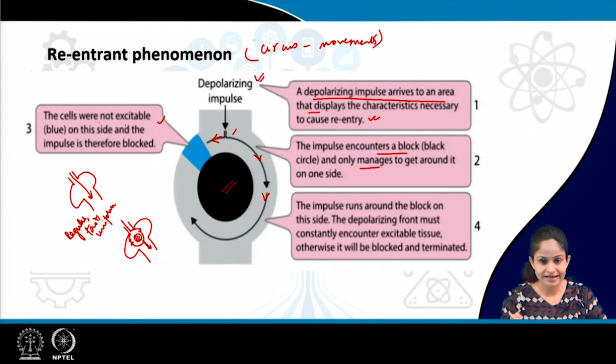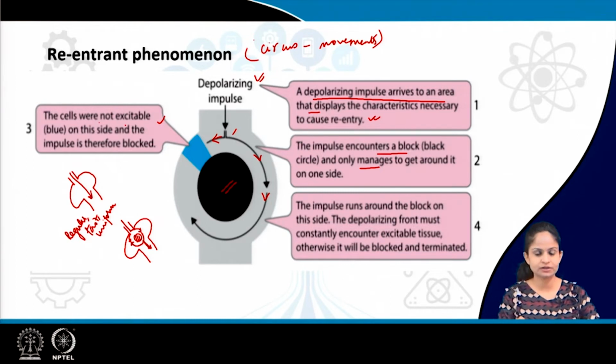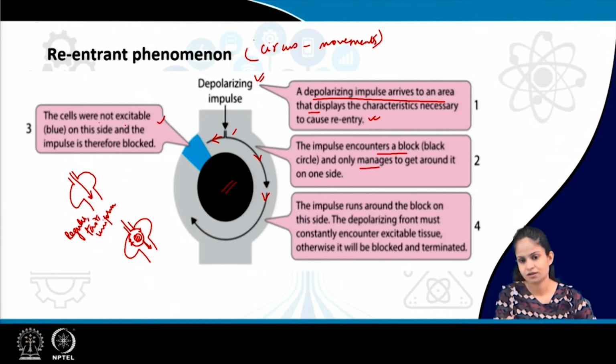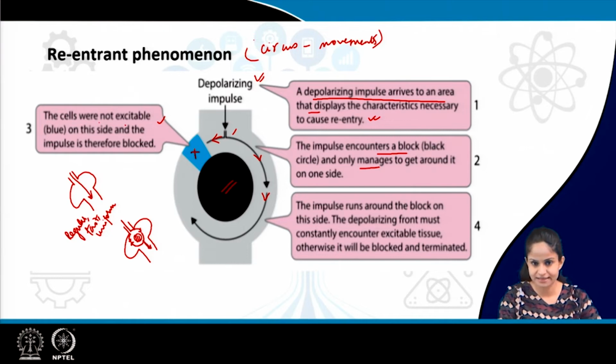For the re-entry phenomenon to occur, the very important thing is that the cells should be excitable, so that the current can be conducted in those cells. If the cells are not excitable, then the current will not get conducted through them. So, here the impulse gets blocked because of refractoriness, because of the non-excitability of the cells.